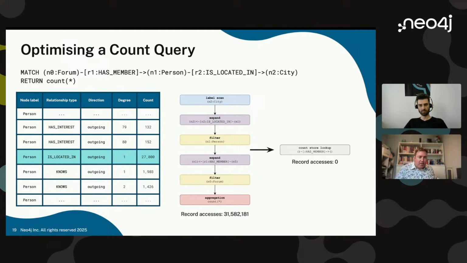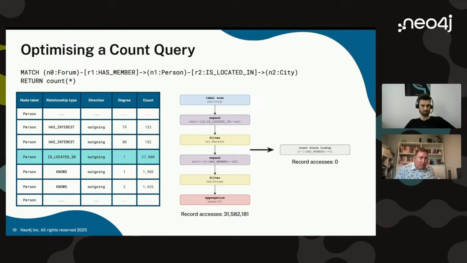I'll cut it a little bit short, but the idea here is that when you're left with forum has member person, then what you're actually looking at is the count of that has member relationship. And from our metadata table, we can tell that has member is only ever connected to forum and people. So we can just take a count of has member.